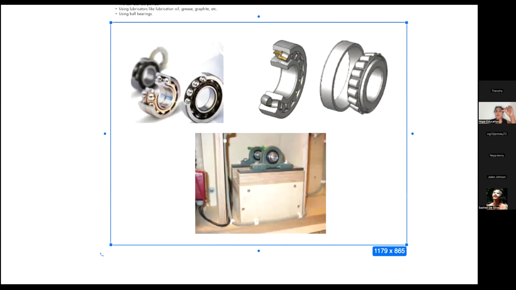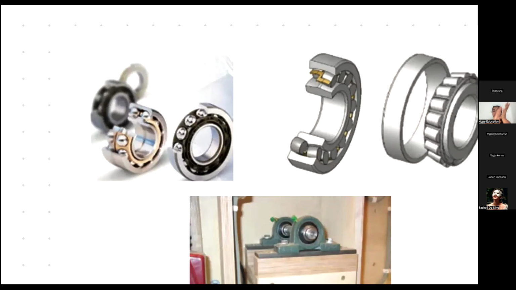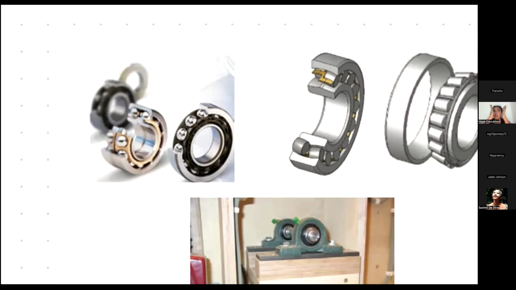Ball bearings are little ball-like things. We use these between two surfaces. Then those two surfaces will not directly slide between each other. Instead, there will be little ball bearings between the two surfaces. Then the surfaces slide over the balls. So the two surfaces will not directly touch each other. Therefore, the damage from friction is lower. Okay? So that is what ball bearings mean.